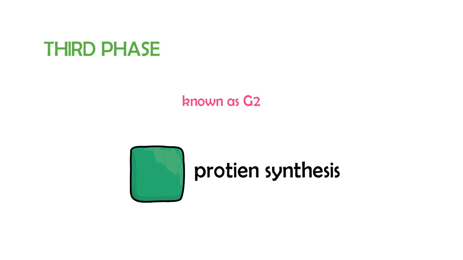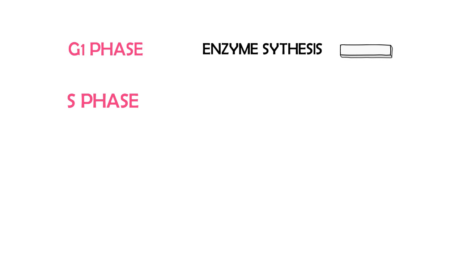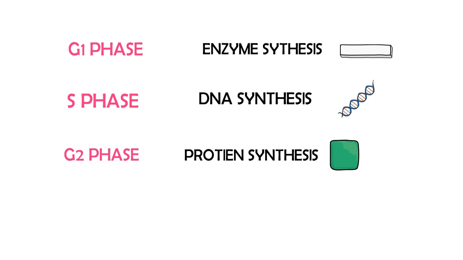The third phase is G2 phase, and during this phase synthesis of protein is going to take place. And the fourth phase is M phase, and what happens here is cell division or mitosis. So we have the G1 phase, enzyme synthesis, the S phase, DNA synthesis, the G2 phase is the protein synthesis, and the M phase is the cell division.